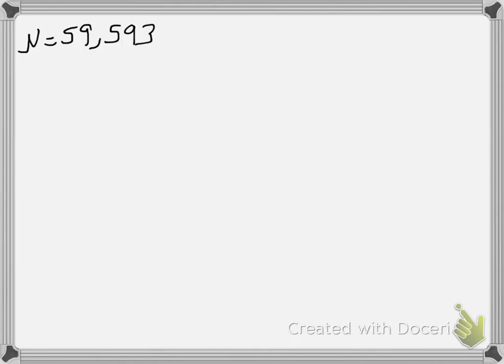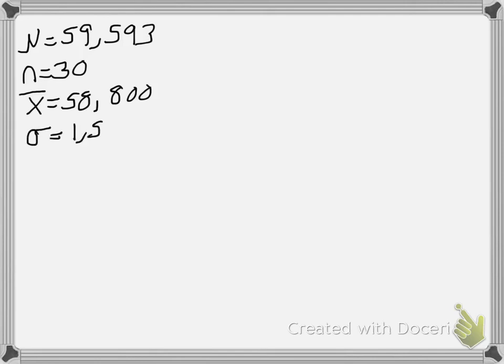Next part. The average salary of 30 state employees who do similar work, so n equals 30, is 58,800. So x bar, because this was observed, is our sample mean, 58,800, and it gives again sigma of 1,500.